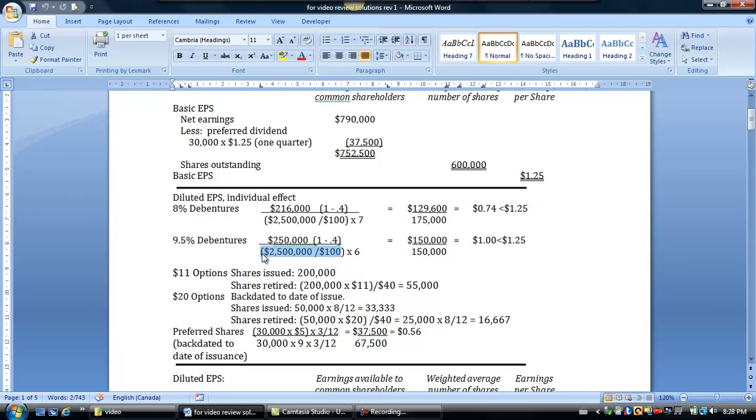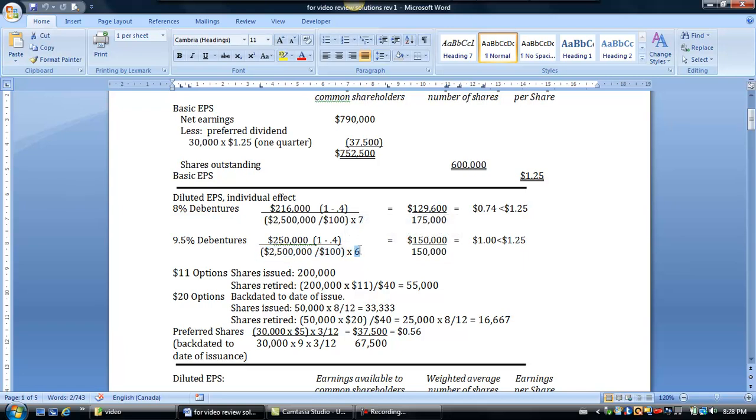So therefore, again, you'll notice that the face value for these bonds is identical to the 8% bonds, but that's just coincidental. But the concept is the same. We want to look at how many bonds we had that are convertible, in this case, into 6 common shares. Well, every $100 bond is convertible into 6 shares, but we have 2.5 million face value for the bonds. So if we solve this bracket, we again, coincidentally enough, have 25,000 bonds.